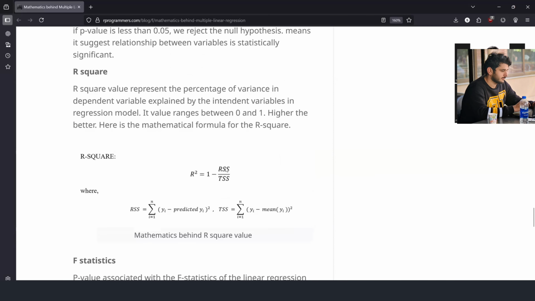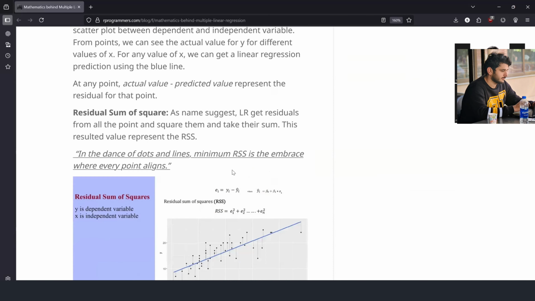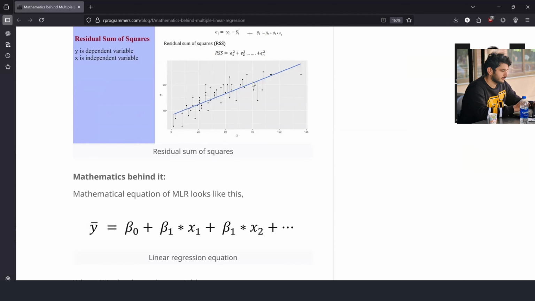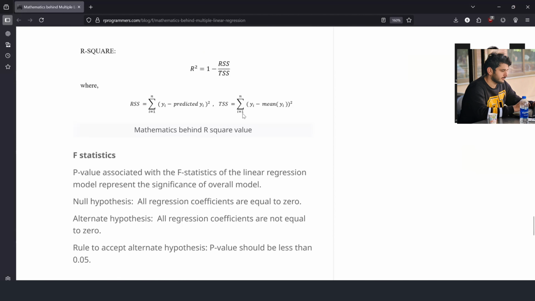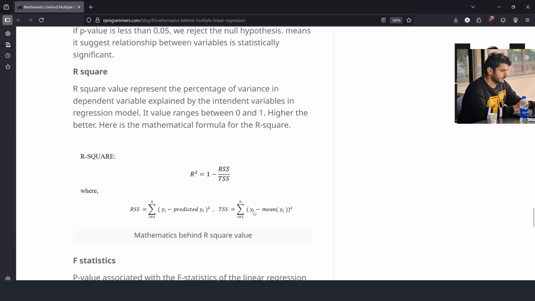Now, RSS is the same thing that we discussed earlier, the residual sum of squares. We take the distance, we subtract them, we square them and add them. TSS is the total sum of squares. So we take the actual Y values, the actual monthly sales values, subtract their mean and take the square of them.